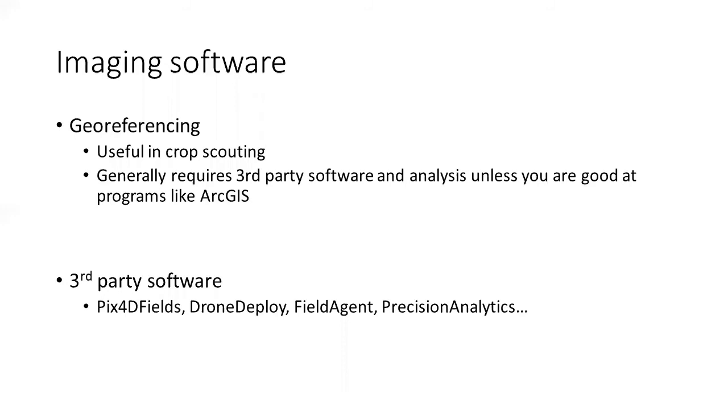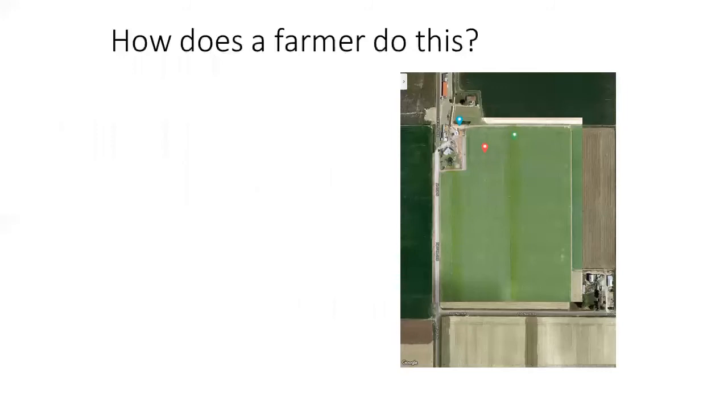However, these third-party software packages are available, and you can see an example. There are 4 listed at the bottom of the slide, and these are pretty user-friendly, and you don't have to have a whole lot of foundational knowledge to be able to use them. You just play around with them, and like I said, they're pretty user-friendly, and I'm going to talk a little bit about these.